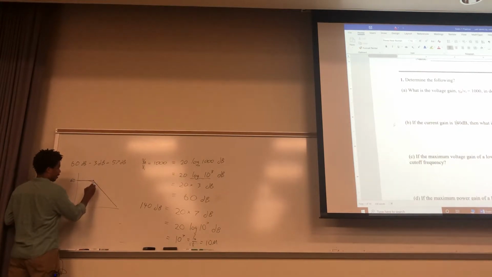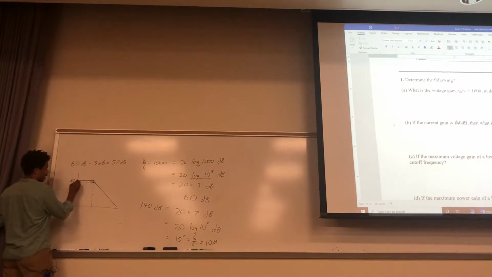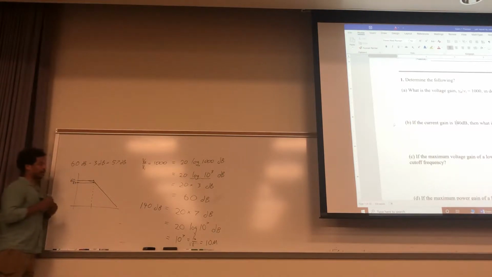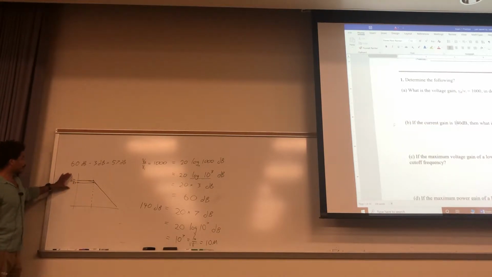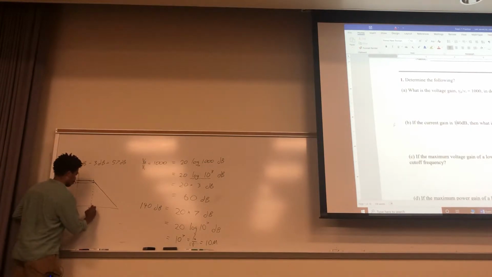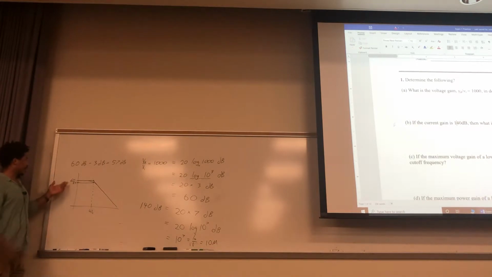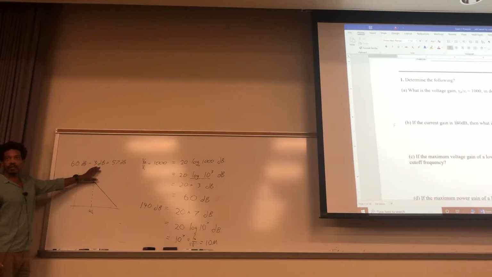And at that point right there where it crosses the curve, that is 57 decibels, for voltage or current, at whatever frequency this is, the cutoff frequency. And that of course means 3 decibels. That's square root of 2 of the value.